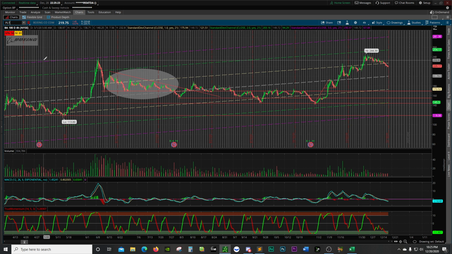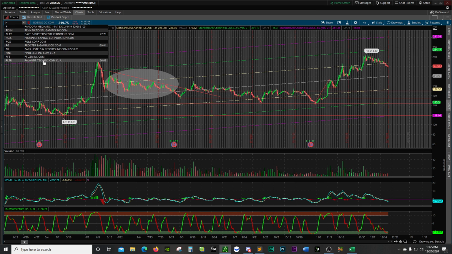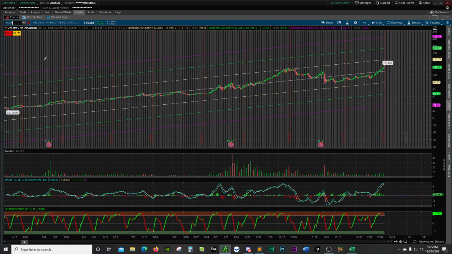Makes sense. Can you look at Peloton? I think Peloton did something similar, but then it just ripped up, and that's what I'm kind of seeing. A few other guys talked about it in the group too, that it's a very similar type pattern.